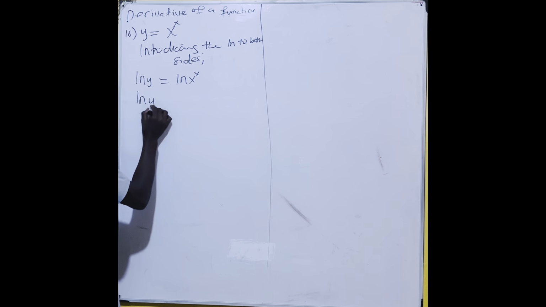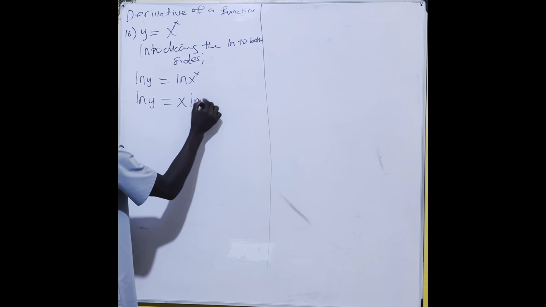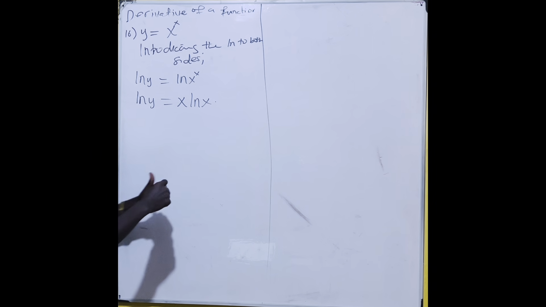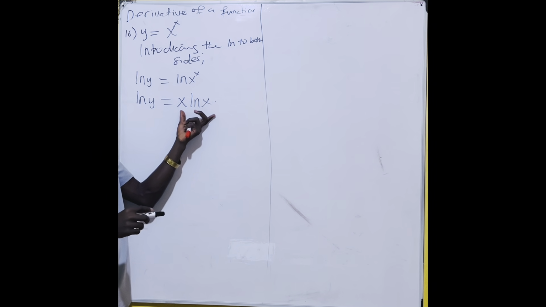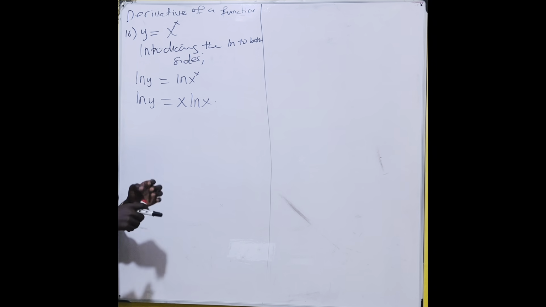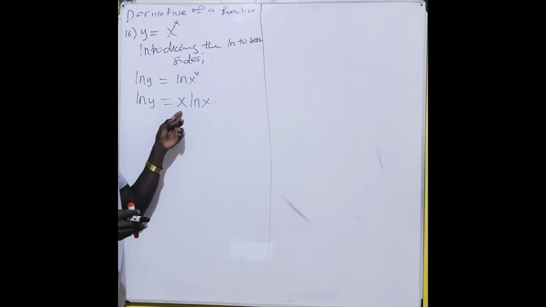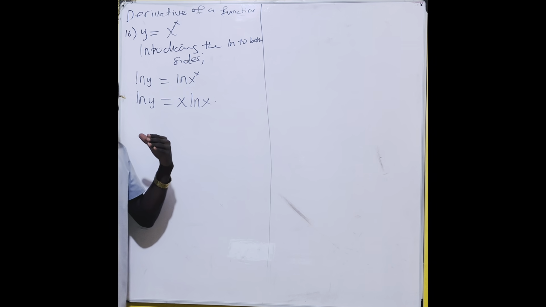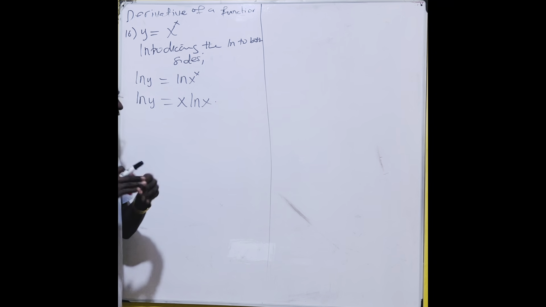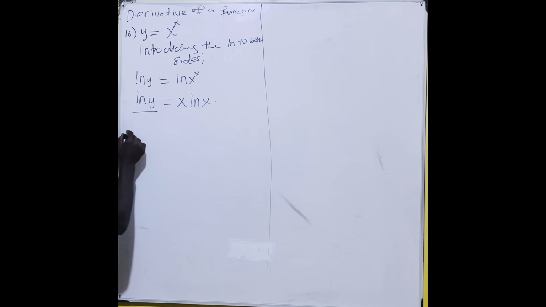So this will give us x ln x, right? Once we are at this stage, the rest is very easy, because we are going to apply the product rule because we have two functions that are stacked together. Good. So let's deal with this first.